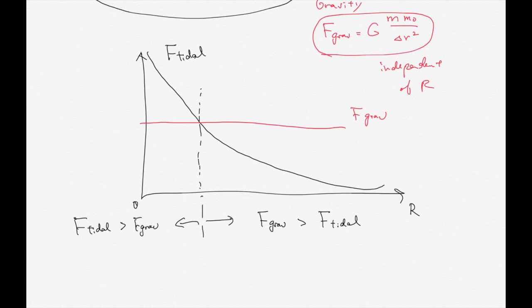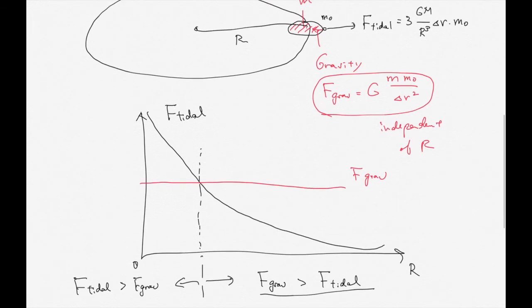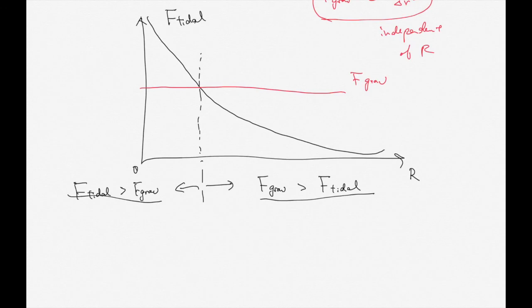Then what does this mean? Where gravitational force is larger than tidal force, this m sub 0 stays attached to the rotating object, so the object is safe to keep its shape. But in the inner regions, the tidal force is larger than gravitational force. This means tidal force overcomes the gravity in the close orbit.